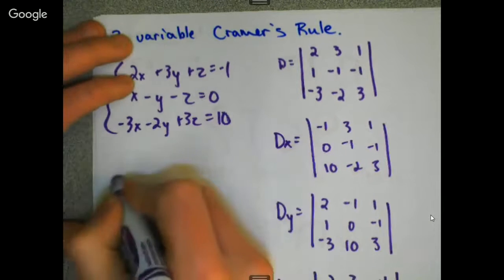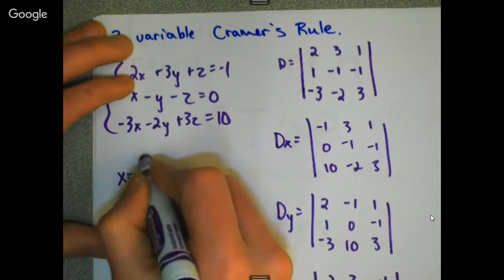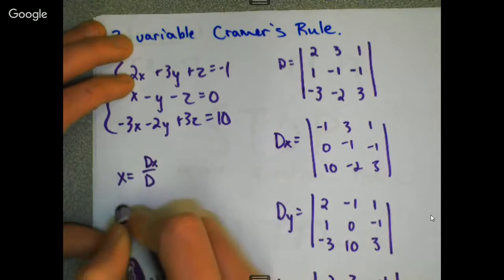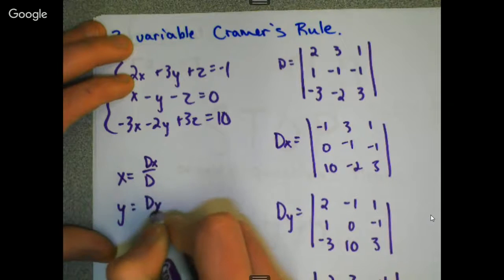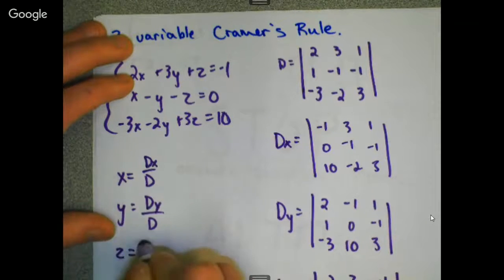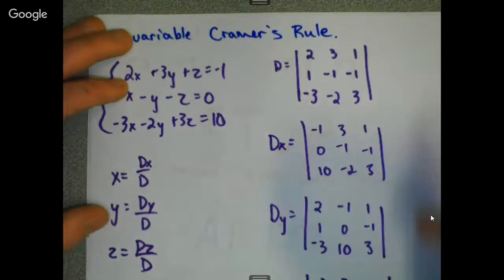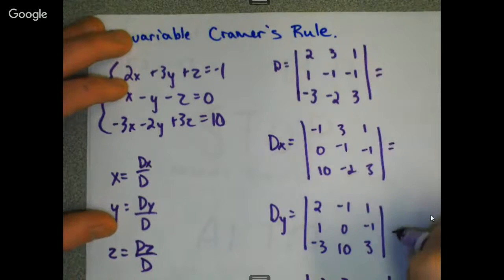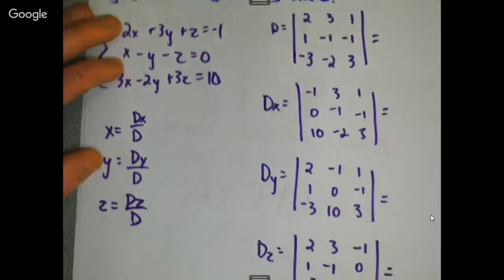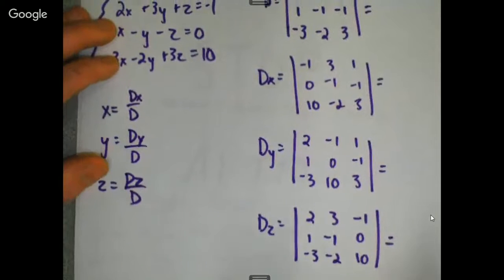Okay, and again, to find x, we will take dx over d. To find y, dy over d, and z is dz over d. And that's how we're going to set this up.